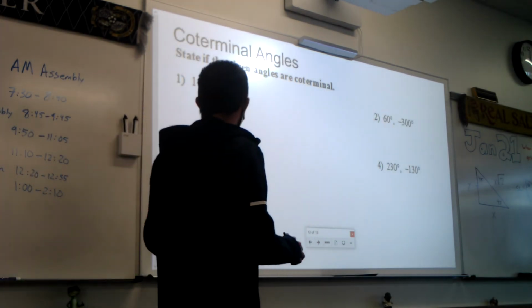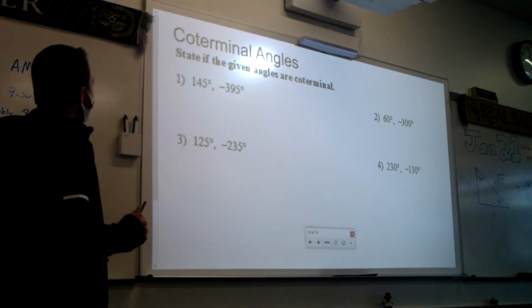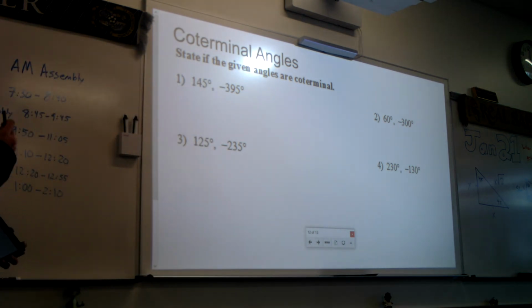Okay, on this last one, the instructions just say, state if the given angles are coterminal. Now, your strategy is going to be to find the difference between the angles. What does the word difference mean in math?